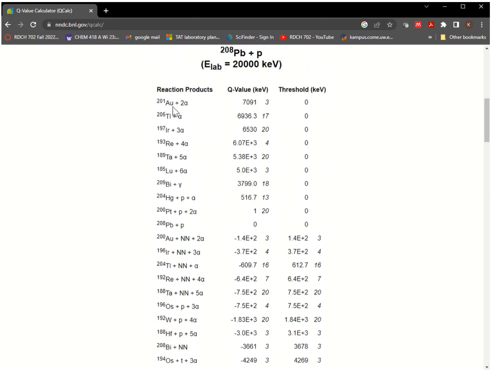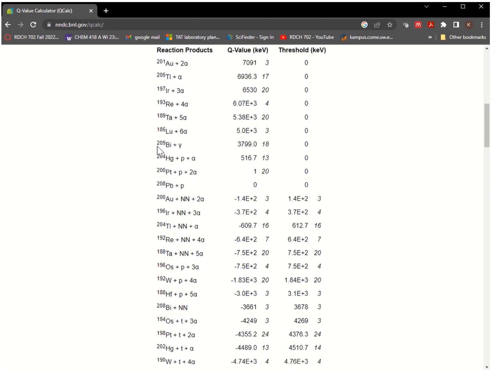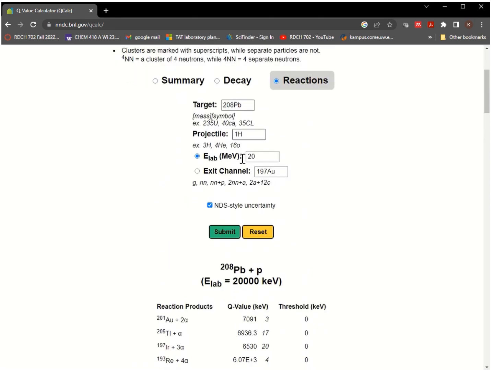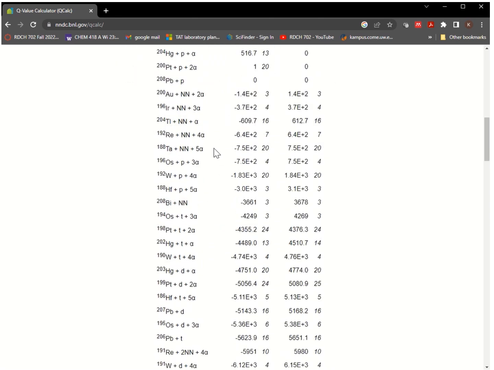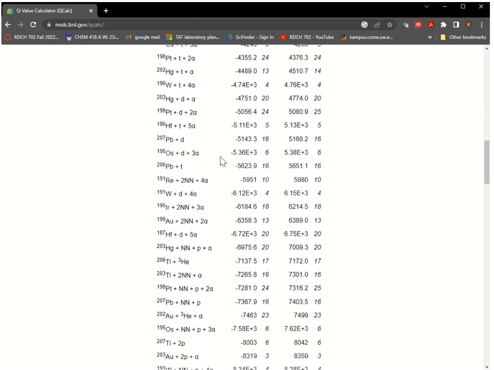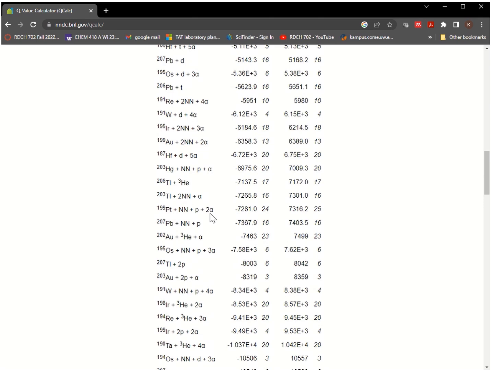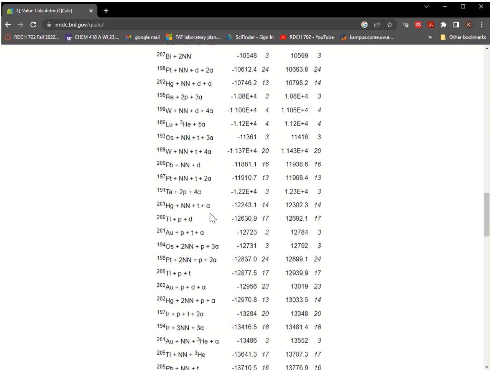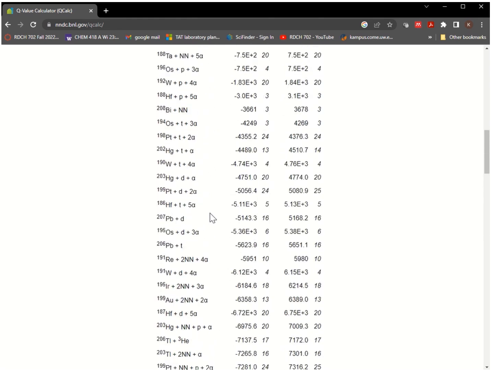There's gold-201 that's made with two alphas coming out, thallium-205 with an alpha. Here's just bismuth-209 emitting a gamma, so it just absorbs that proton. As you can see, for a given nuclear reaction, there's lots of different probabilities and different reaction mechanisms that can occur. These probabilities for each reaction are described by a cross-section, and we'll describe that later in the course.